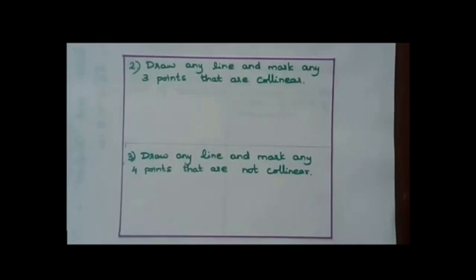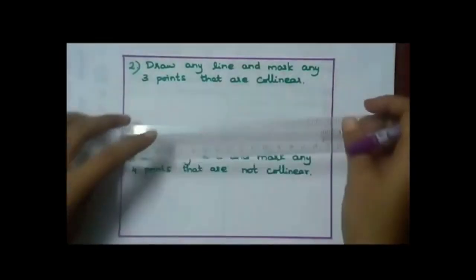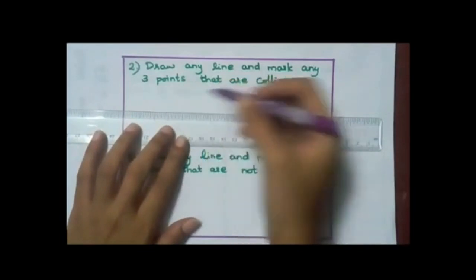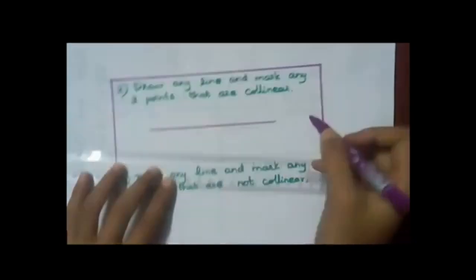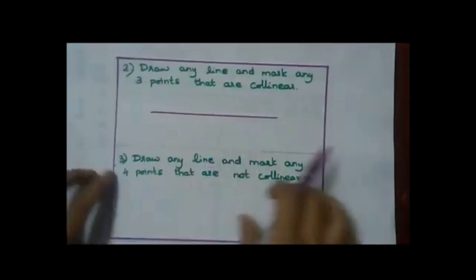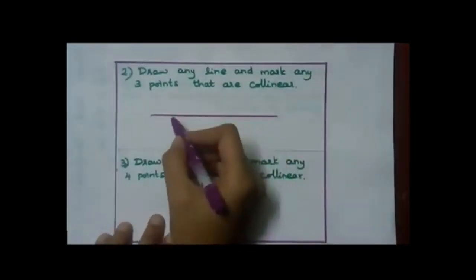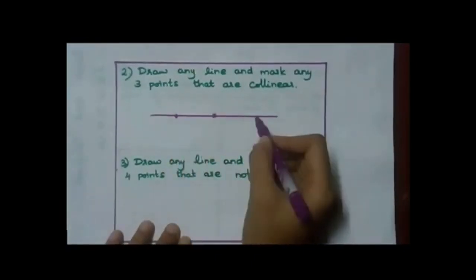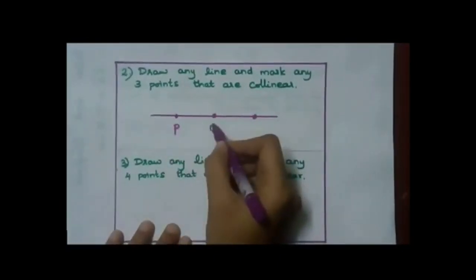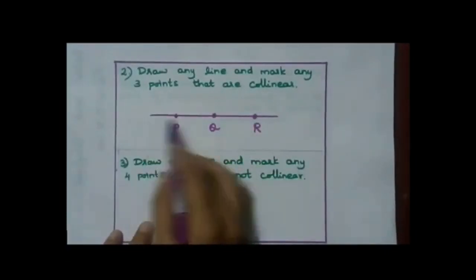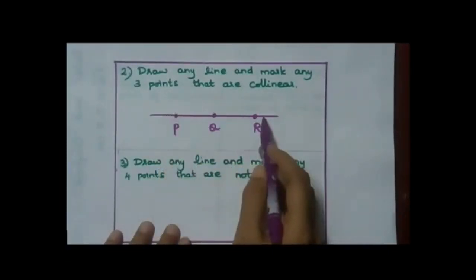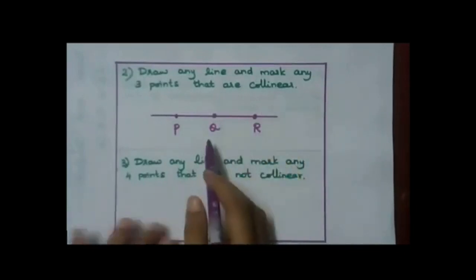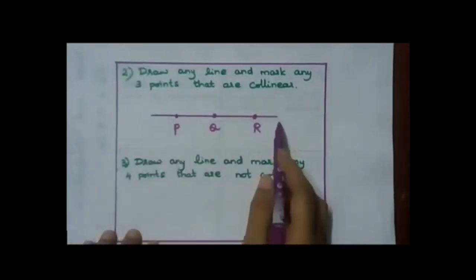Draw any line and mark any 3 points that are collinear. So it is easy, right? So you have to draw any line and mark any 3 points as you wish. So I am drawing one line, and I am marking 3 points on the line and naming them P, Q, R. Collinear means 3 points lie on the same straight line.